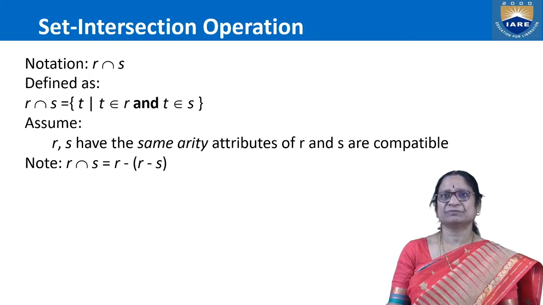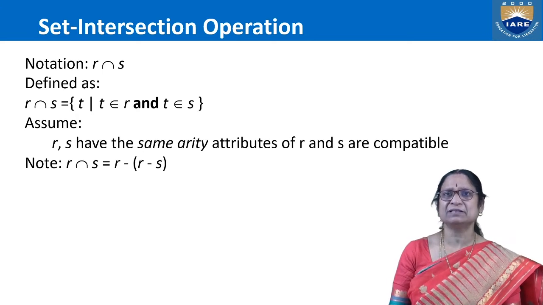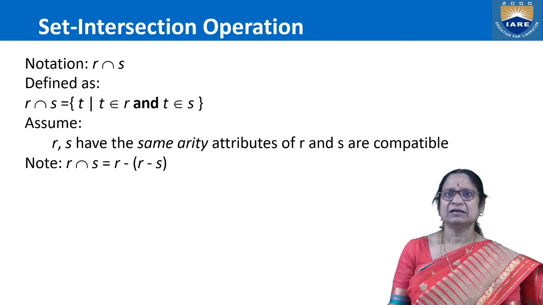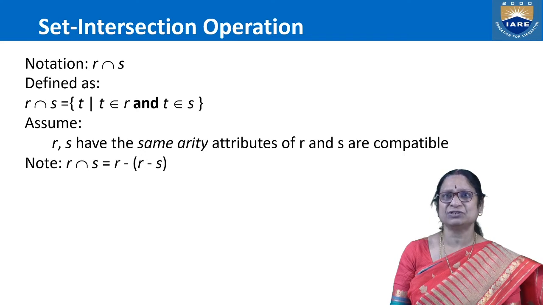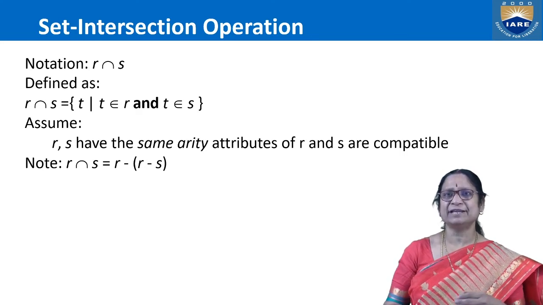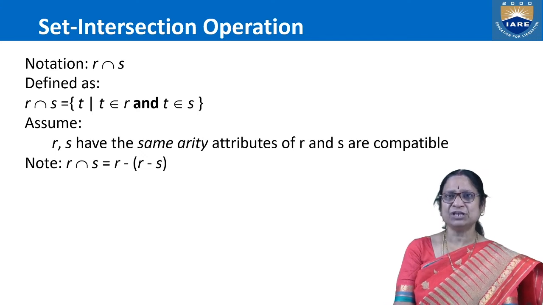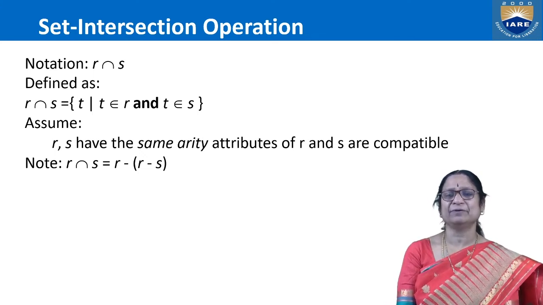Set intersection operation. The meaning of set intersection is based upon the set operation intersection. That means the tuples which exist in both relations R and S we treat as the set intersection operation. Formally, it can be defined as the set of tuples t such that t belongs to R and t belongs to S. That means both relations R and S must be compatible, as in the case of the other set operations, union and difference.